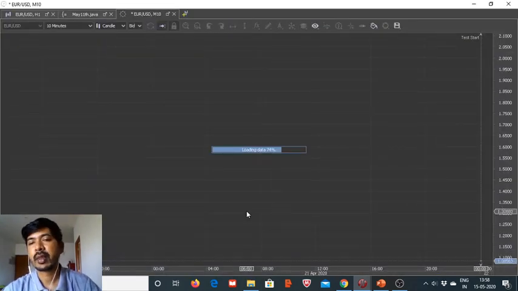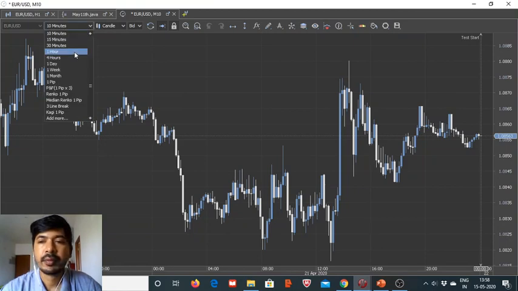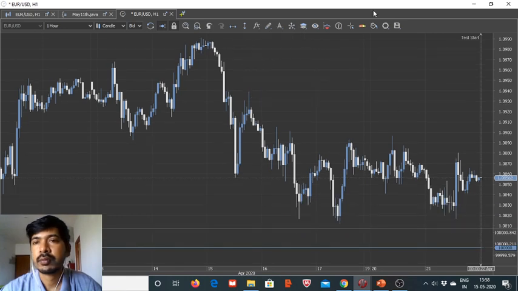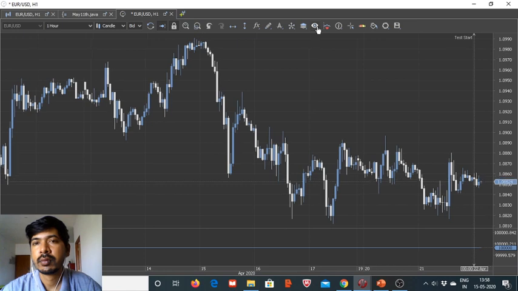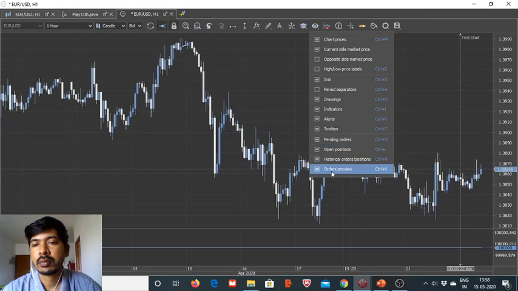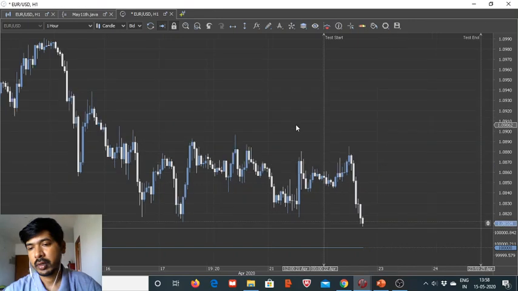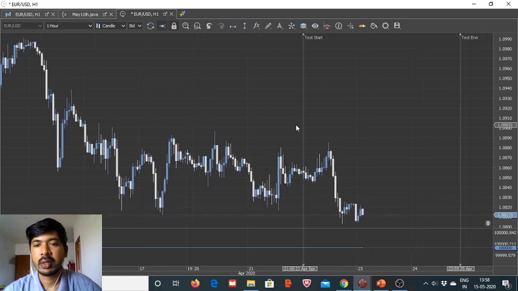Run. So far, no trade has been executed, so we don't really get to see any trade in this setup.